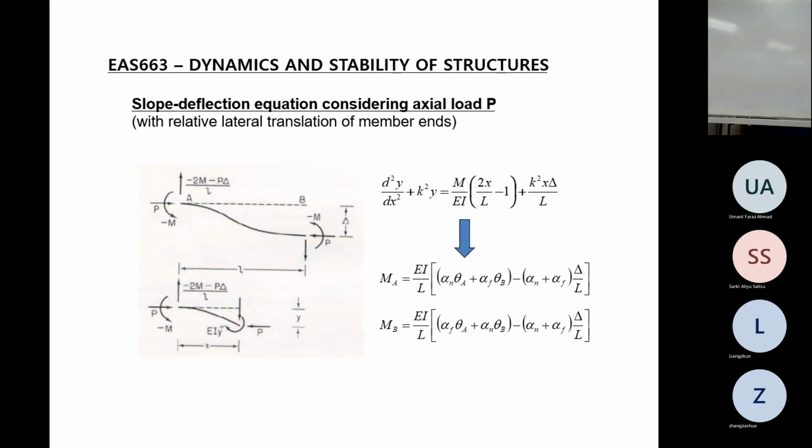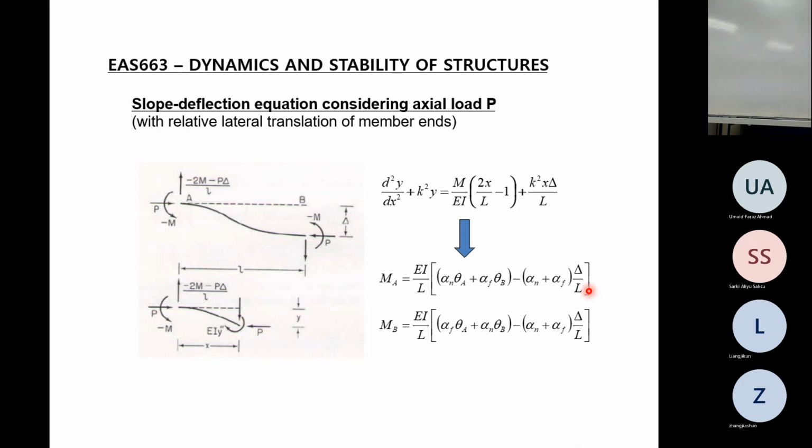Then another condition is when you have relative end translations. This is the shape that we use to derive these equations, and finally we come up with these terms that appear when you have end rotation, where delta is non-zero. When delta is non-zero, these terms appear.